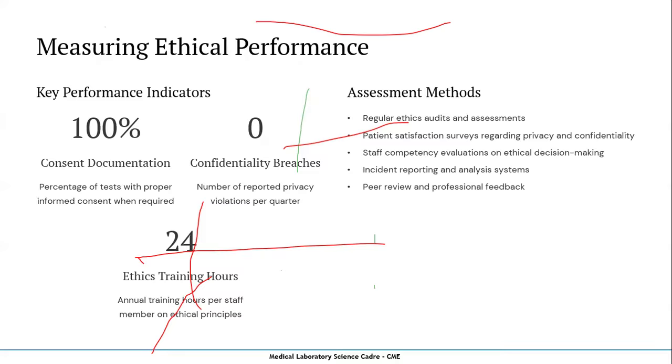So assessment methods that could be used are the regular ethics audits and assessments, patient satisfaction surveys regarding privacy and confidentiality, not just their TATs and the likes, but patient confidentiality and their private data privacy, staff competency evaluations on ethical decision making, incident reporting and analysis systems, peer review and professional feedback.